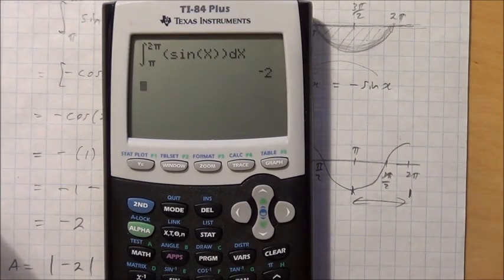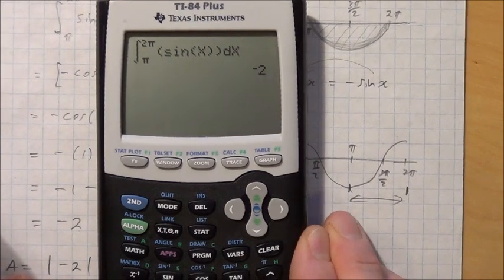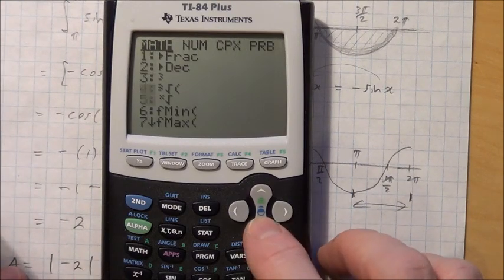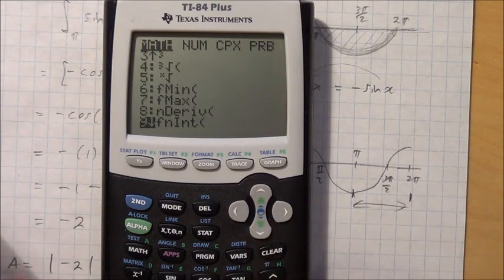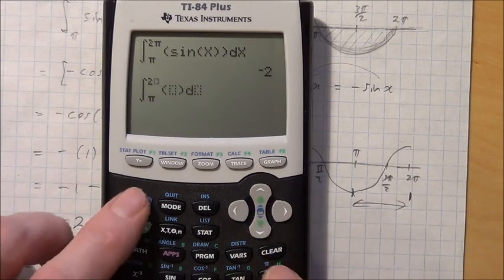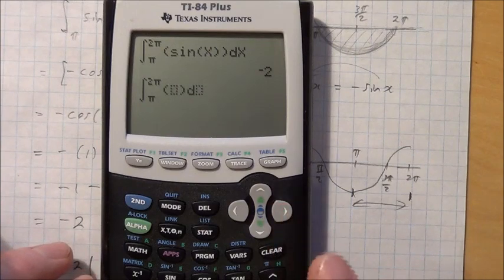Now, in order to get the absolute value in here, we'll do the same sort of thing. We go to Math again, go down here, and we'll do pi to 2 pi again. Now this time we're going to put in the absolute value.